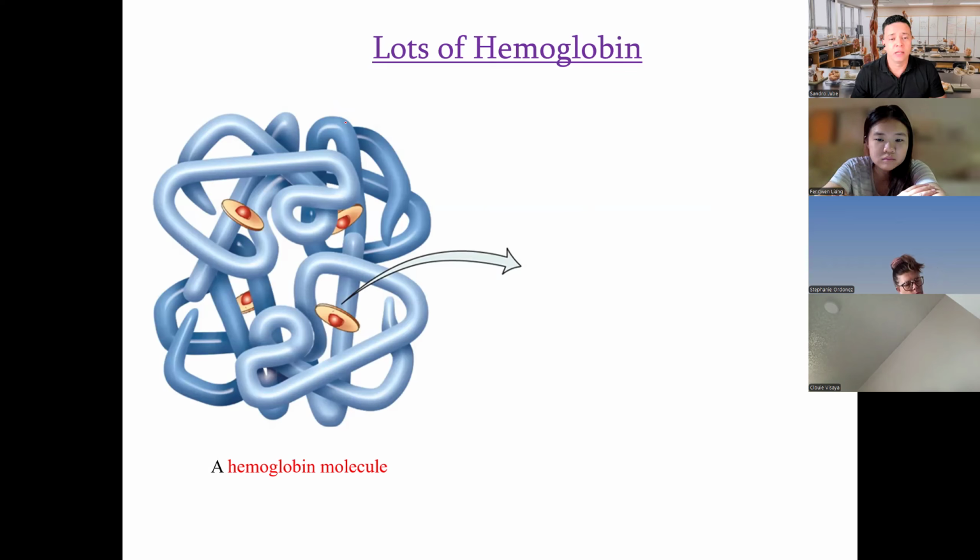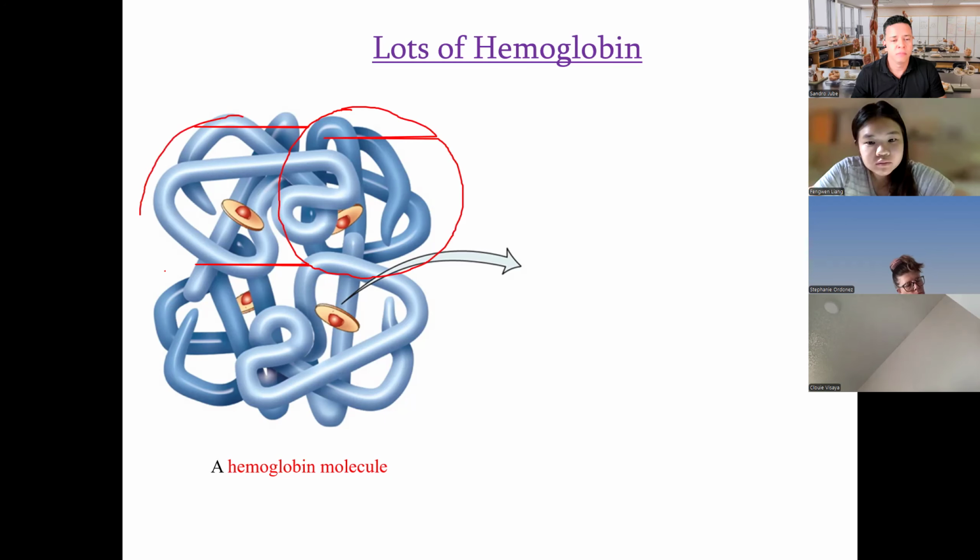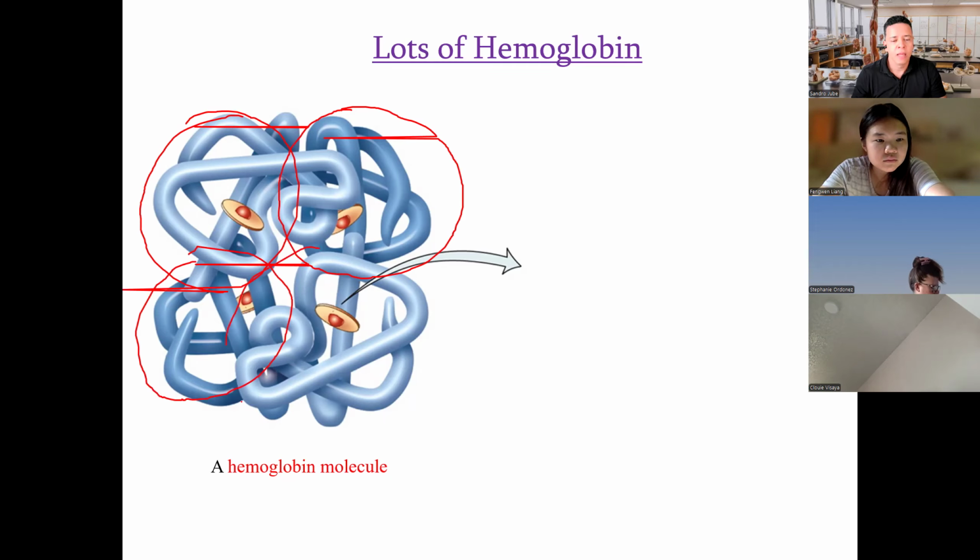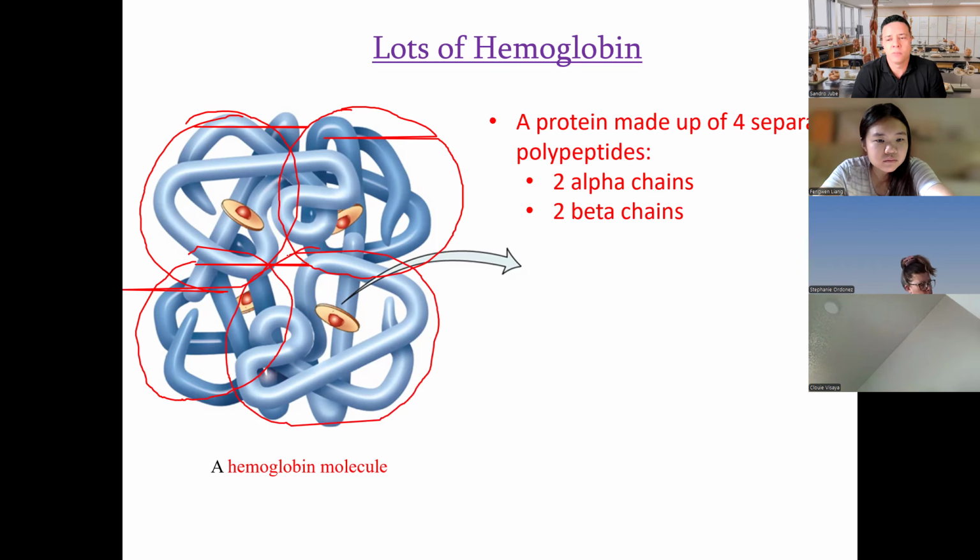Hemoglobins are very interesting. Hemoglobins are made of actually 4 different protein units. They're going to combine together to form this bigger protein called the hemoglobin. Okay? Now we can see that in the center of each one of these protein units, the polypeptides, and we have 2 alpha chains and 2 beta chains.